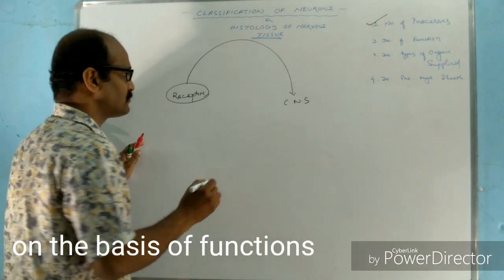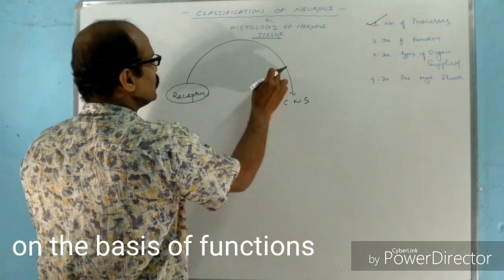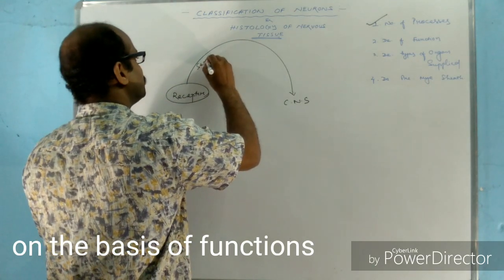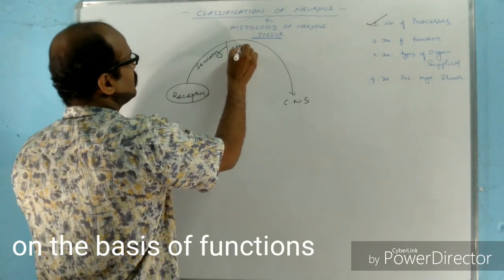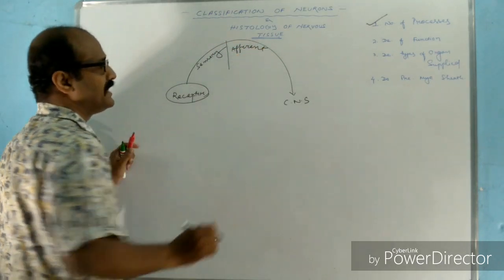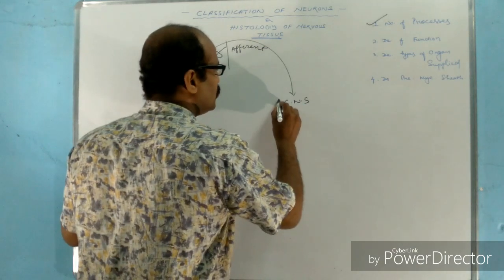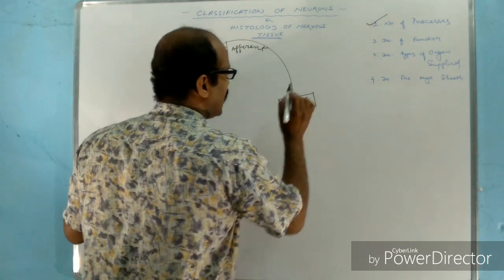It may be the brain or the spinal cord, and such neurons are known as sensory neurons or afferent neurons.